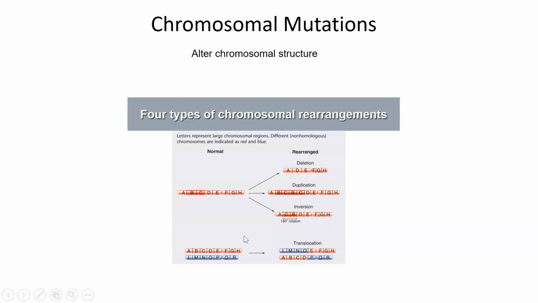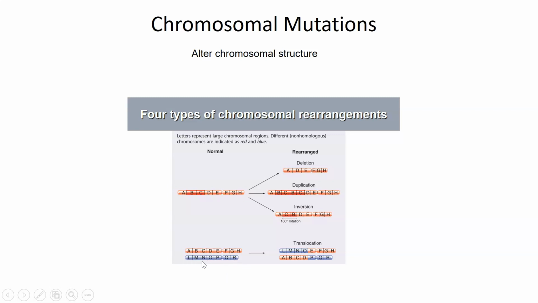Finally, one type of chromosome mutation involves swapping of material between non-homologous chromosomes. In this case, you would have 2 chromosomes with normal segment order ABCDE, centromere FGH. And here's another non-homologous chromosome, LMNOP, centromere QR.